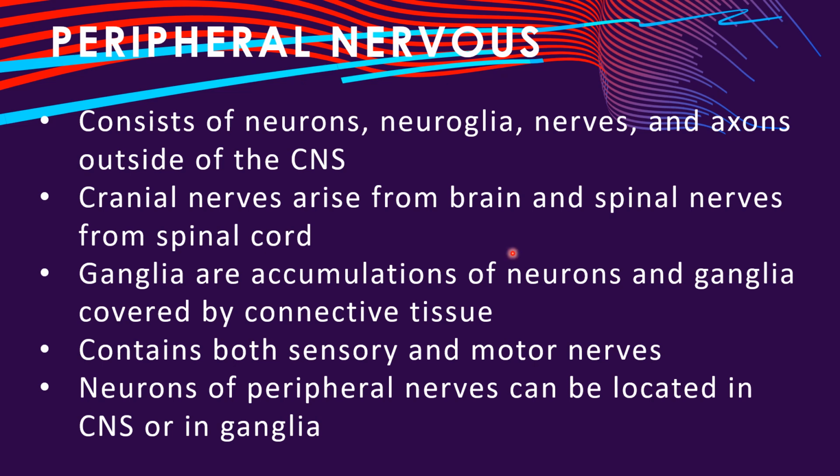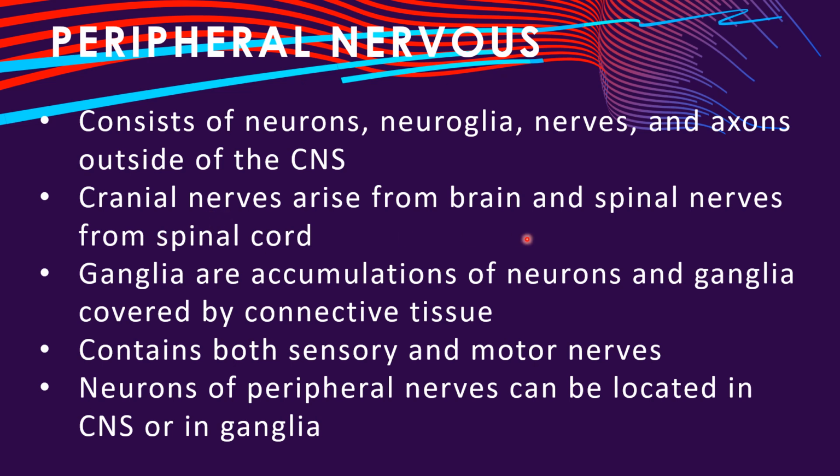Moving on to your peripheral nervous system. Again, we'll just make this really quick because for your CNS, there is a separate lecture as we move into your organ systems. Your PNS, of course, is peripheral, away from your spinal cord and your brain. It consists of neurons, neuroglia, nerves, and axons outside of your central nervous system.